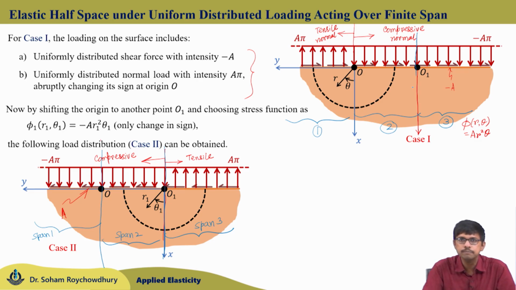Thus, in the superimposed solution for span 1 and span 3, there would be no normal loading. Now, in span 2, O2 O1, both the solutions case 1 and case 2 result in compressive normal loading of intensity A pi, and hence in the superimposed solution we will be having a total normal load intensity of 2 A pi between O2 O1 or span 2.